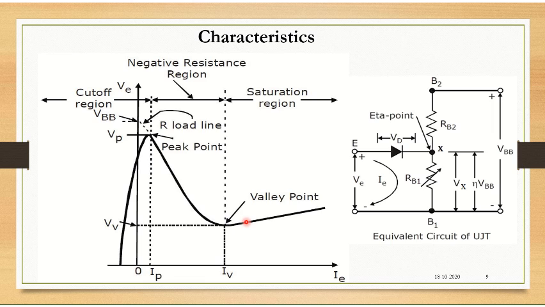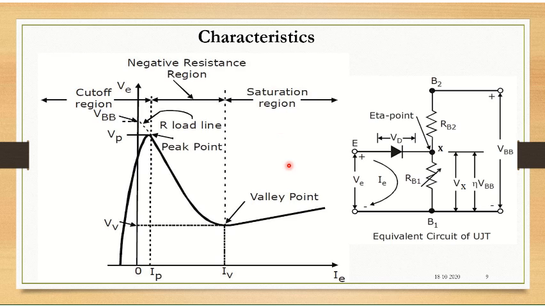That is when IE starts increasing. This tremendous increase in the emitter current can be limited by the external resistance connected across the emitter terminal. When the emitter current is increasing, the UJT is in the on state, which is the saturation region.